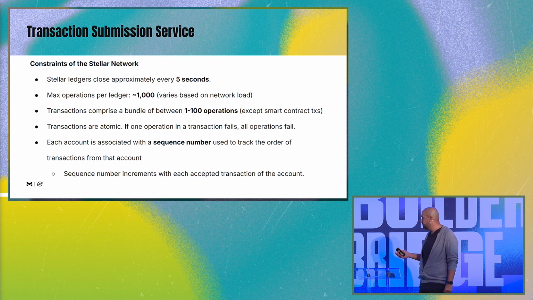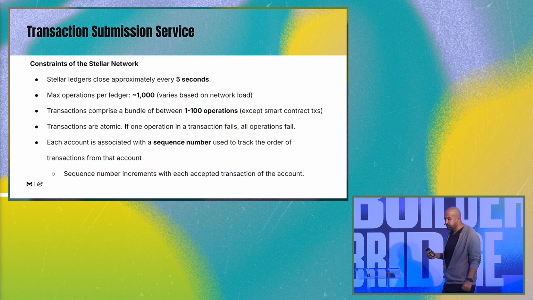For example, if you don't have enough funds, the transaction fails, but it's still going to increment your sequence number. The sequence number is important mainly because it is the primary tool used for preventing double spending.